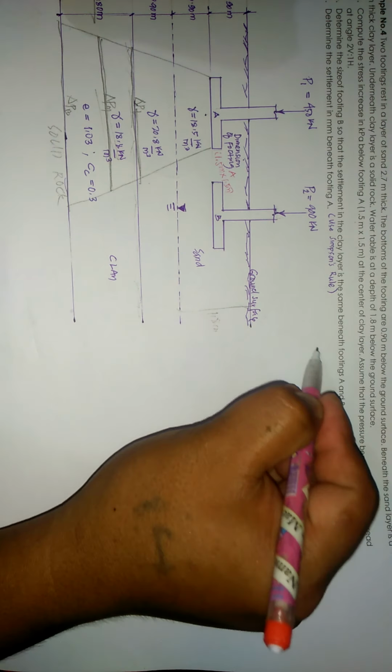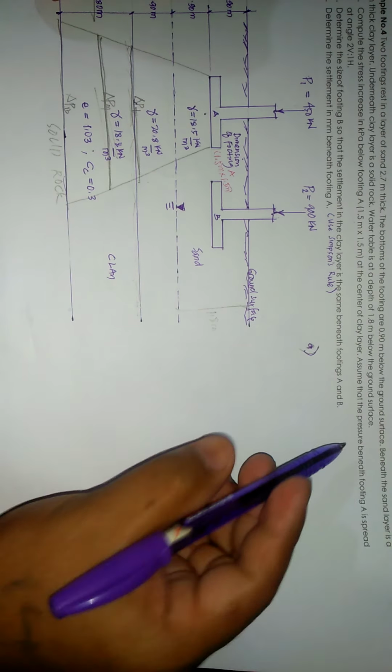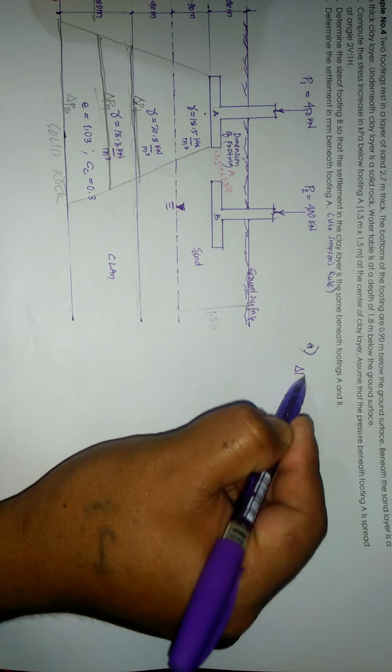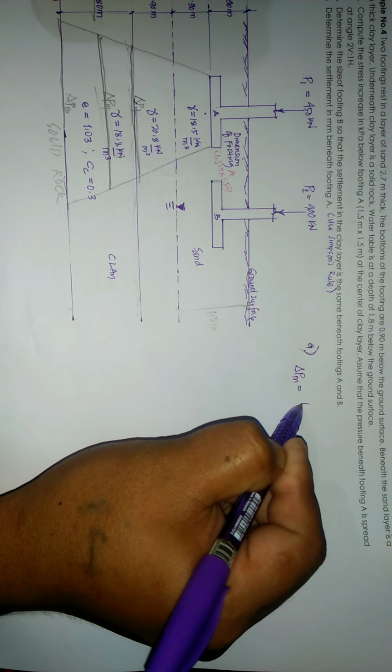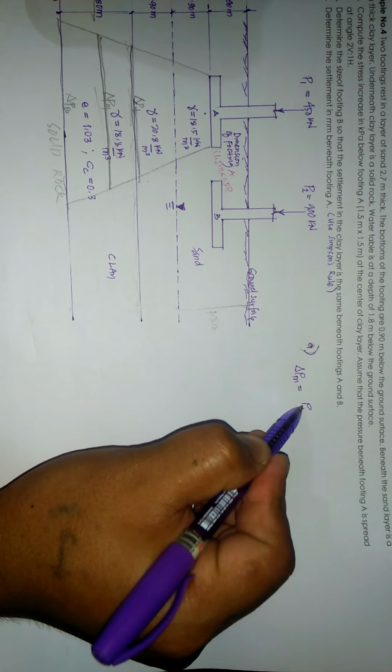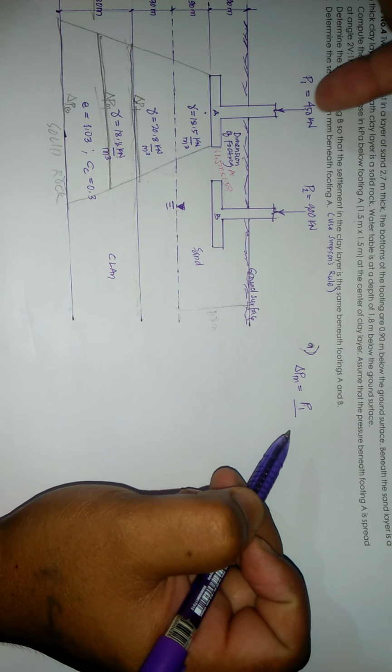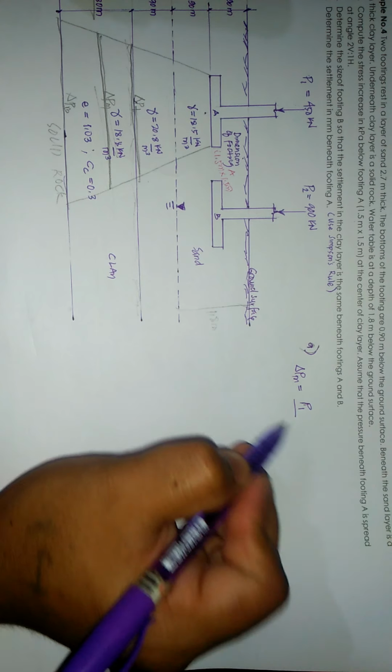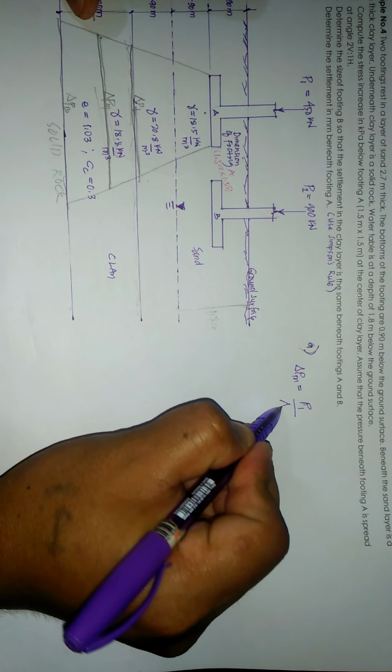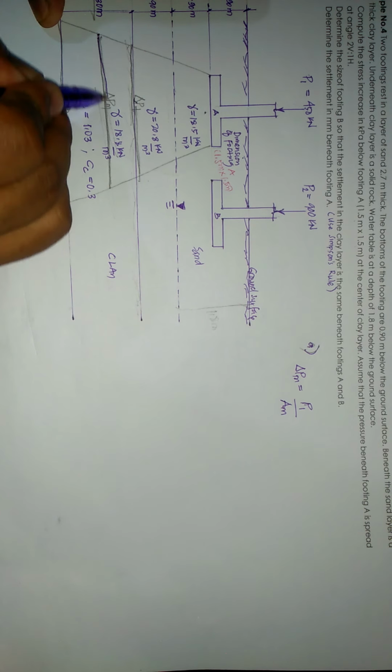In order for us to solve for question A, we need the formula: delta P at middle is equal to your concentrated load P1. Why P1? Because it lies at your footing A. We use P1, divided by your area at the middle. So we will now get the area here.